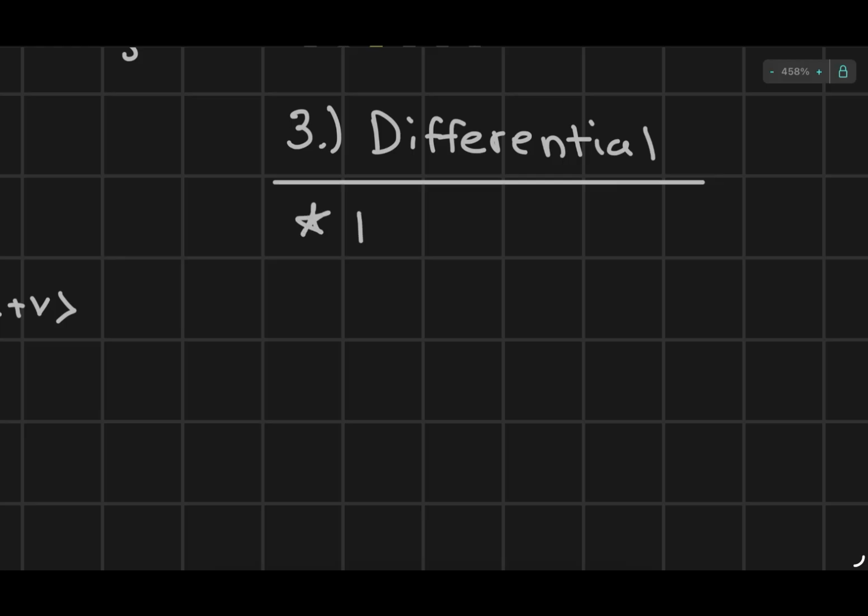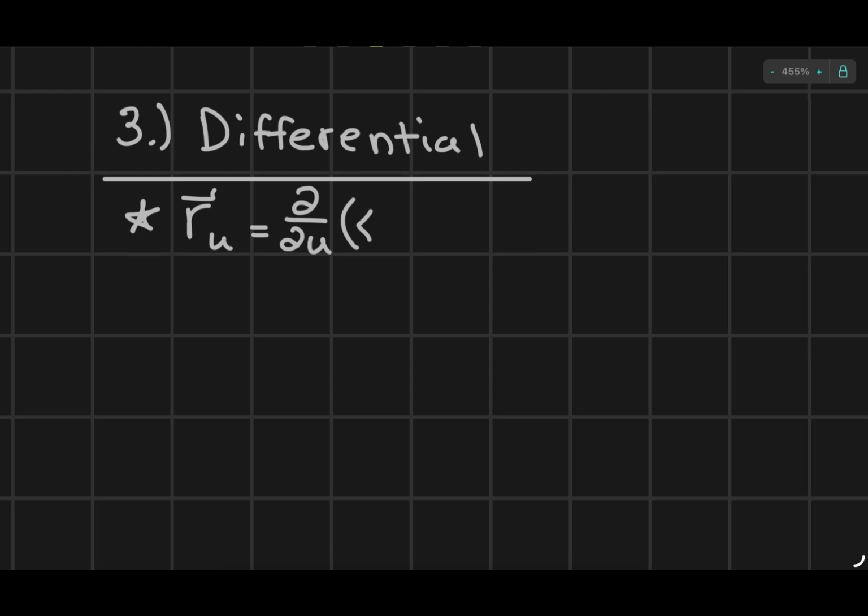Well, what is r sub u? R sub u is going to equal the partial with respect to u of our vector. That is going to be 1 plus v, u minus 2v, and 3 minus 5u plus v.